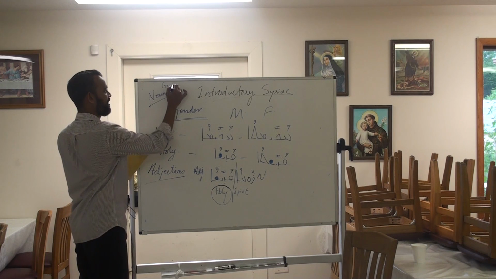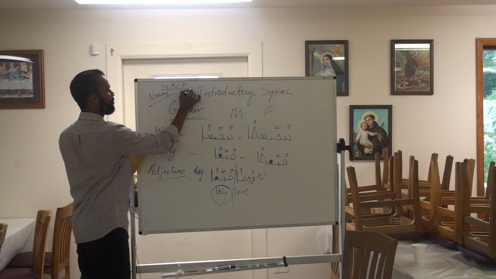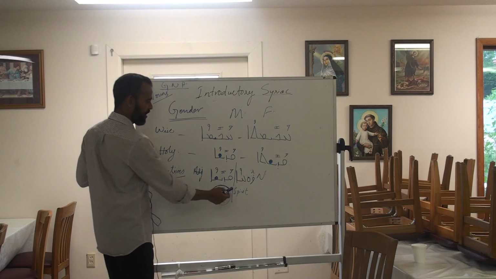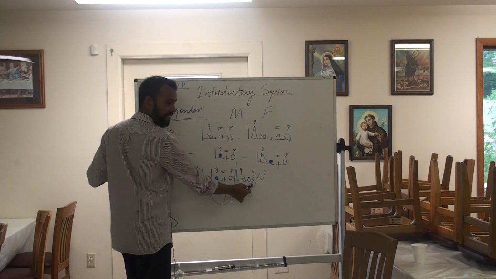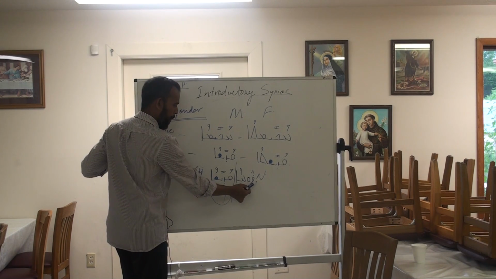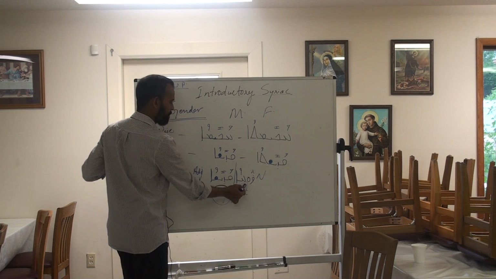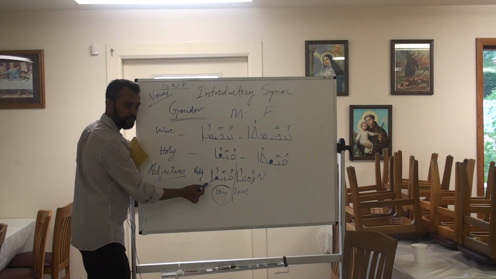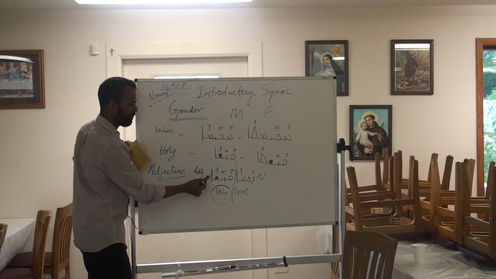Gender, number and person. So here the gender is masculine, and the adjective also should be masculine. Kadisho.